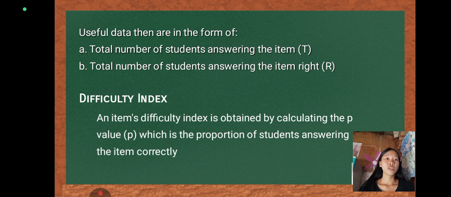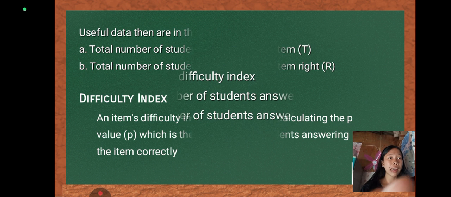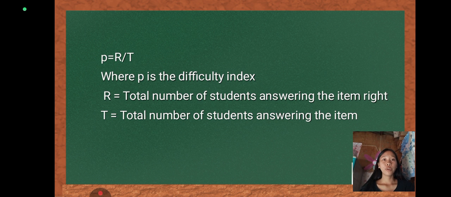Difficulty index also is used as a measure in educational testing that represents the proportion of students who answered a test item correctly, from 0 to 1.